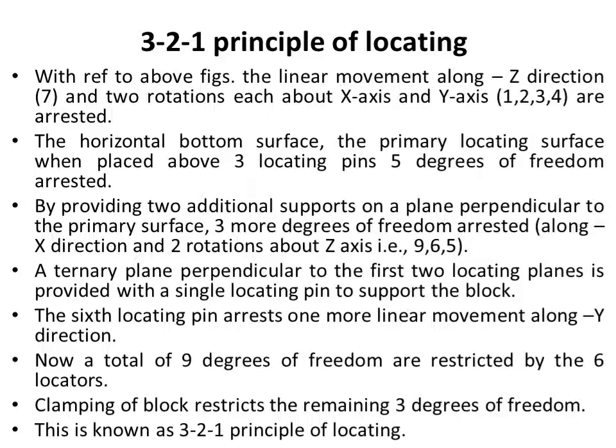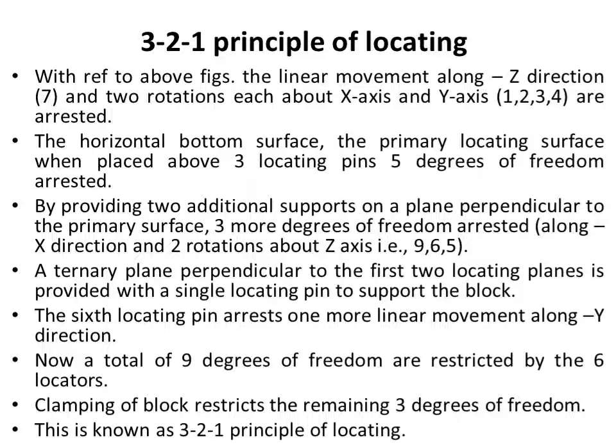Along the x axis, 1 degree of freedom is arrested, and about the z axis, two rotations are arrested. Then on the third plane, we have provided one locating pin. This will further arrest one linear movement, that is in the y direction. Now a total of 9 degrees of freedom are restricted by the 6 locators.